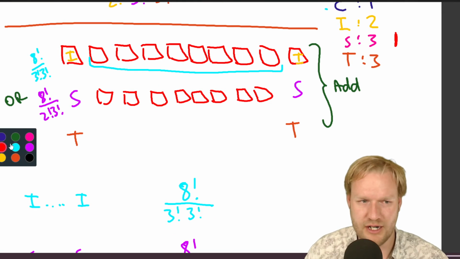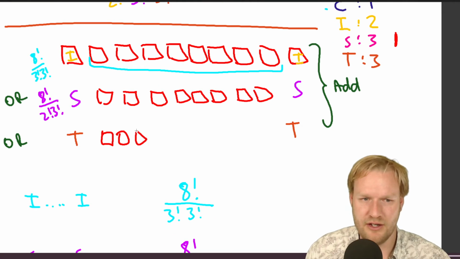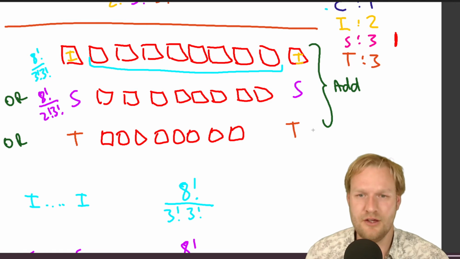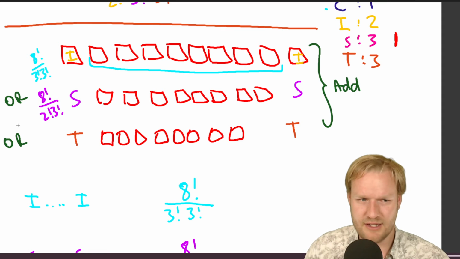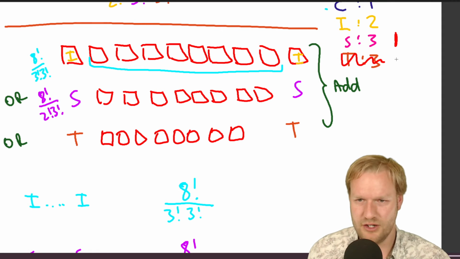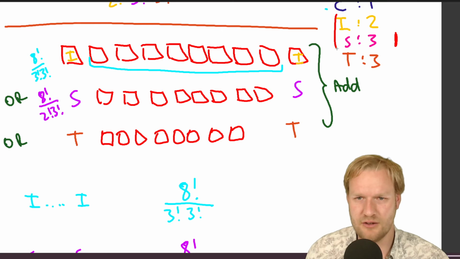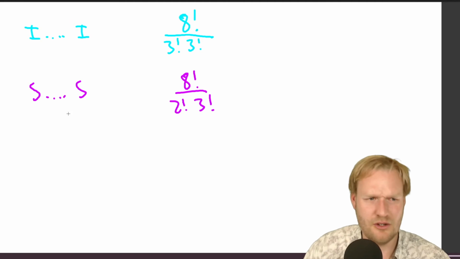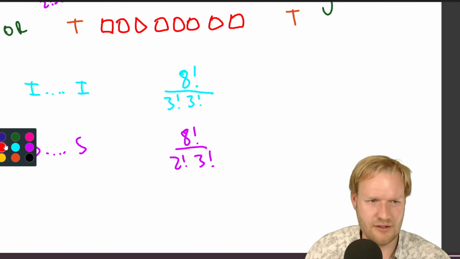And finally, for our T, and then 8 blocks, 6, 7, 8, then our T again. If we look at that, we've only got 1 T left, so we don't have to worry about it repeating. So our repeated options are the I's and the S's. With a bit of luck, we're getting the hang of this.